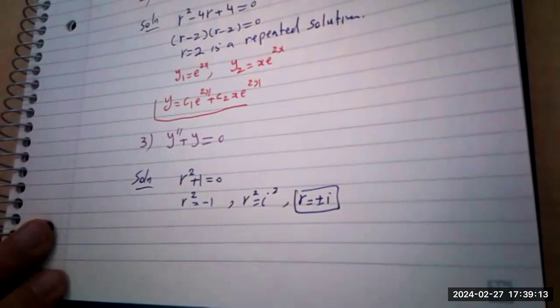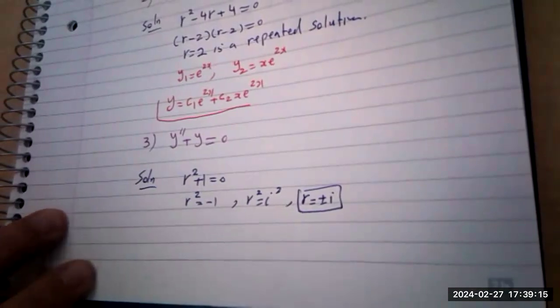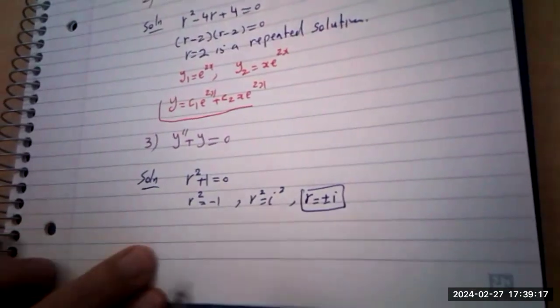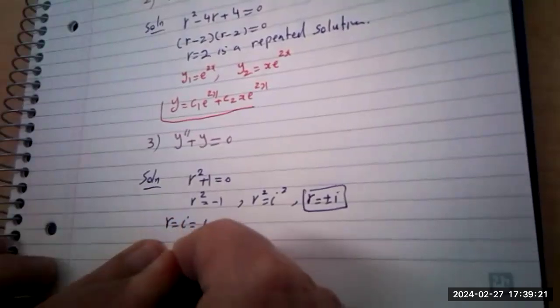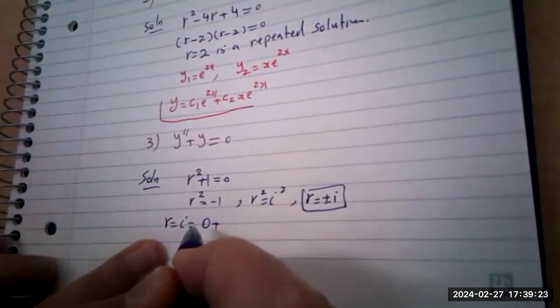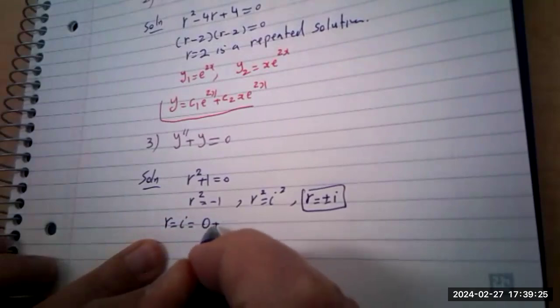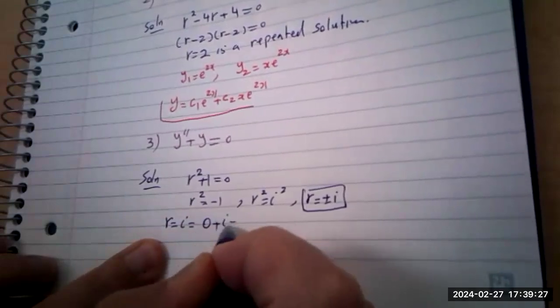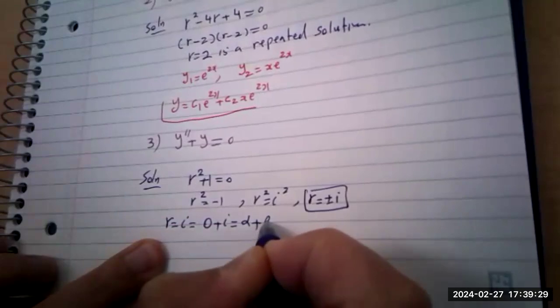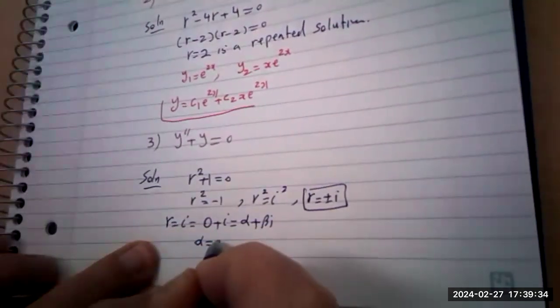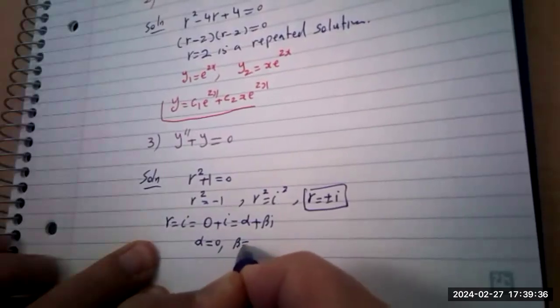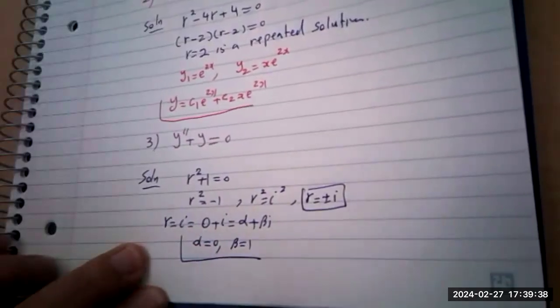Usually go with the positive one, but it doesn't matter which one you work with. So I picked r equal to i, which is like 0 plus i. You call this alpha plus beta i. So alpha is equal to 0, and beta is equal to 1.